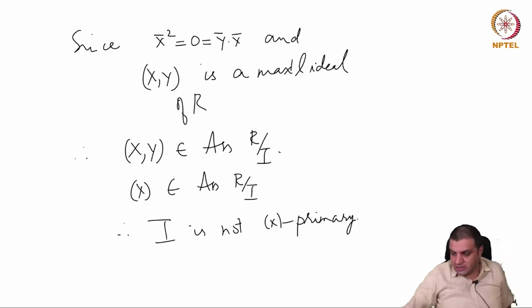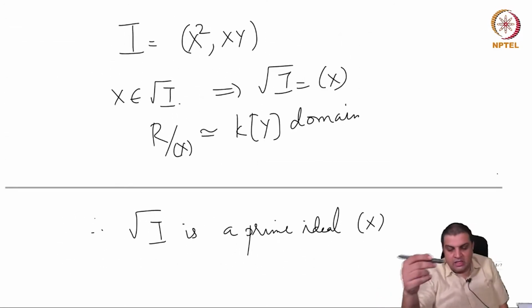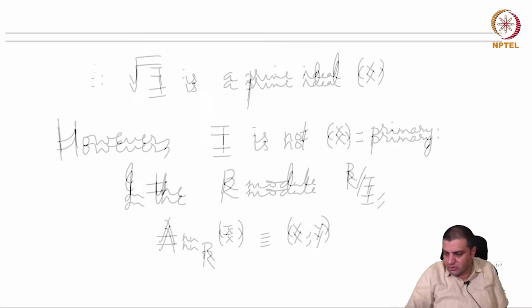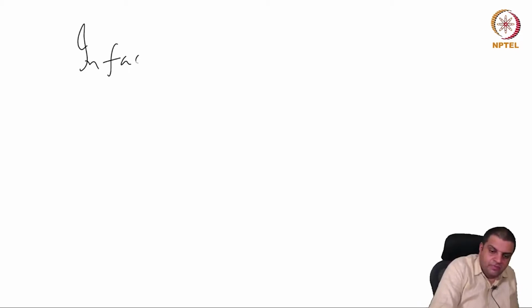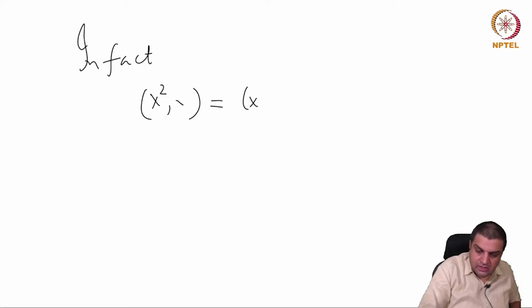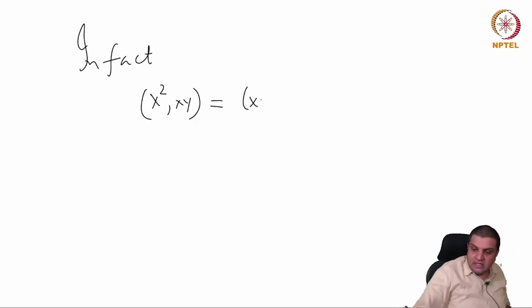So in general there are ideals whose radical is a prime ideal, but the ideal itself is not primary. In fact, the ideal (x squared, xy) can be decomposed into irreducibles as (x) intersect (x squared, y).